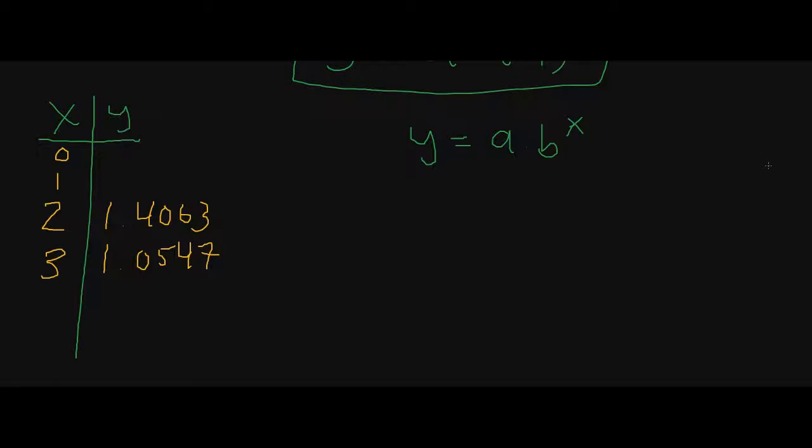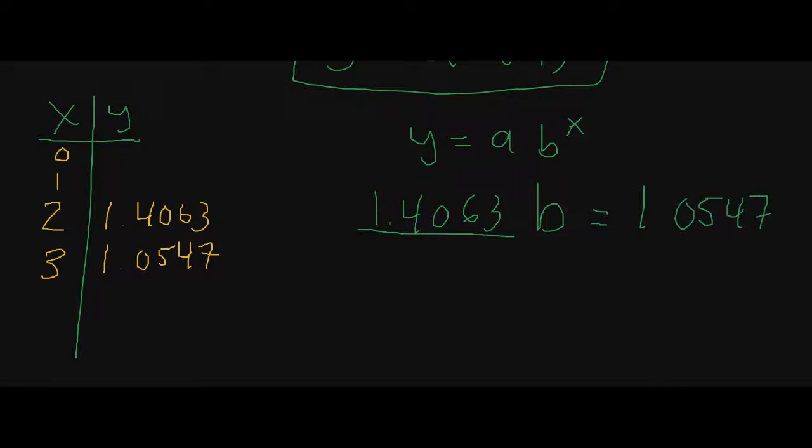1.4063 multiplied by our b value, our constant multiplier, should equal 1.0547.